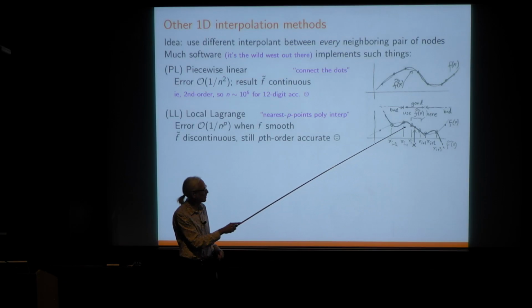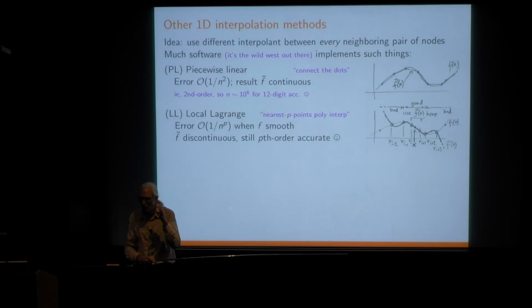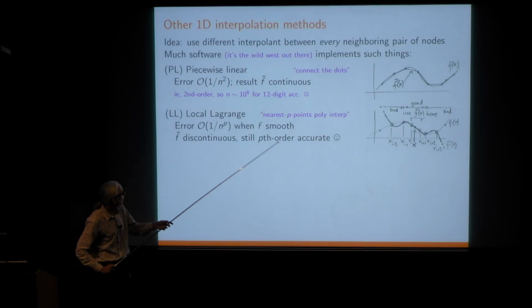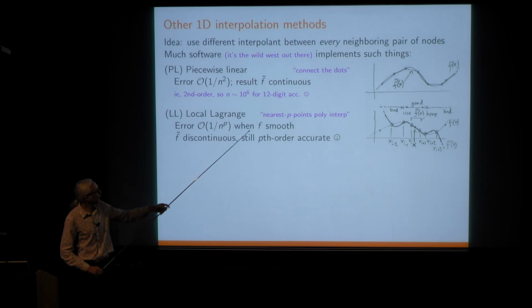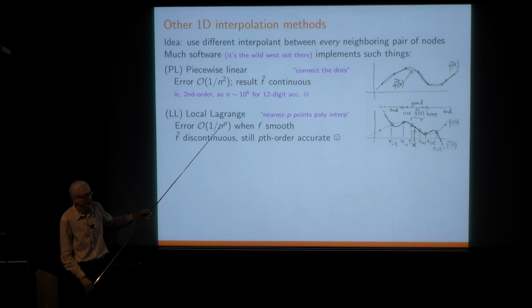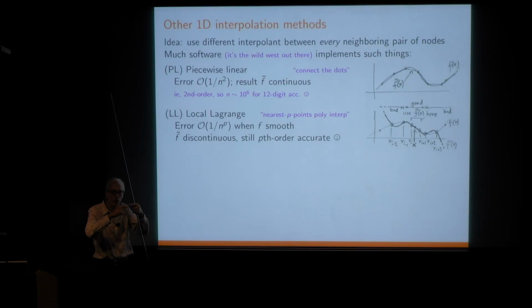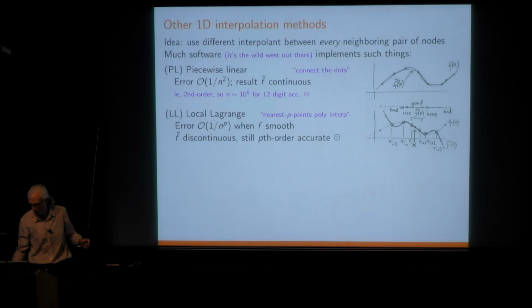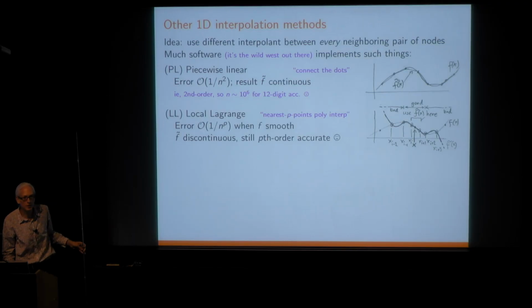So if you move to the next interval, it's going to use a different interpolant, and so on. So this uses the polynomial interpolation we've just been doing. It gets you algebraic convergence at order p, and p can be made quite high, like 10 or something. So that's good. It's discontinuous, though, so if you actually zoom in and look, your f tilde will have little jumps. That isn't a problem usually. It's still accurate.